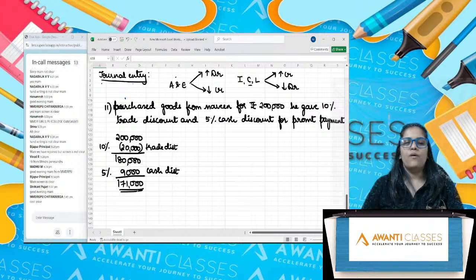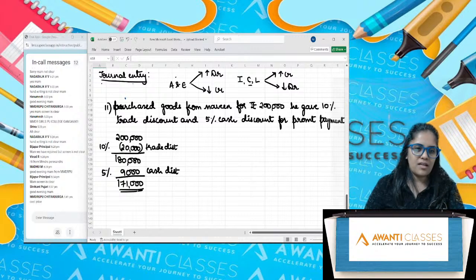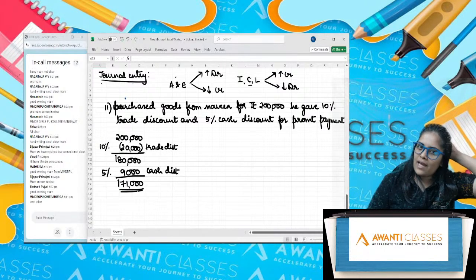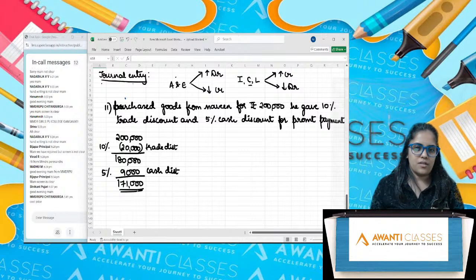Okay. Now, can anybody think and tell me, we are purchasing from Naveen, how much should I record my purchases for? At what price should I record my purchases? 2 lakh, 1 lakh 80, 1 lakh 71,000.